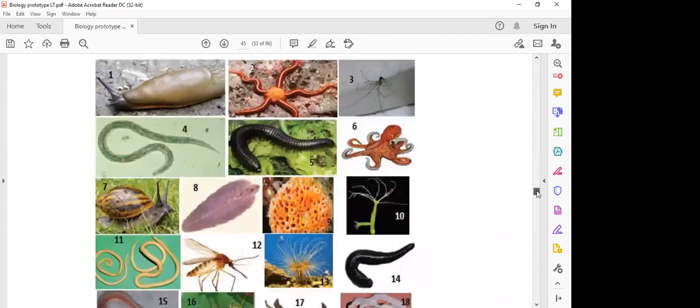I shared this book with you yesterday, so you will get to your books and study the pictures there. I shared this text yesterday in the group. You should look at it and then do the activity. Someone is asking, you want to screenshot them, you can do so.